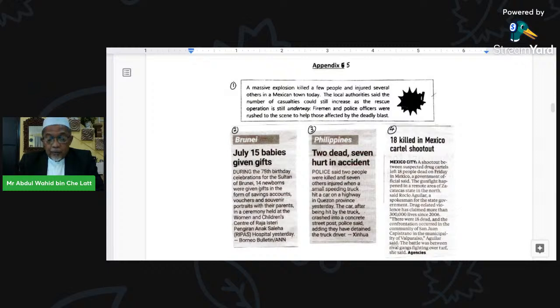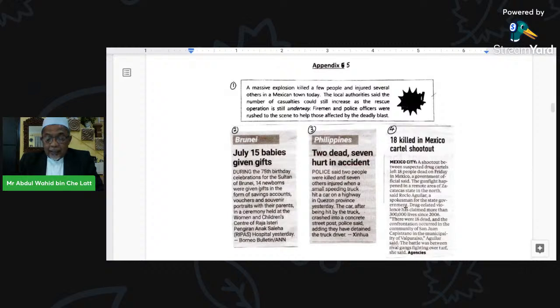Extract number 4. 18 killed in Mexico cartel shootout. Mexico City. A shootout between suspected drug cartels left 18 people dead on Friday in Mexico, a government officer said. The gunfight happened in a remote area of Zacatecas state in the north, said Rocio Aguilar, a spokesman for the state government.